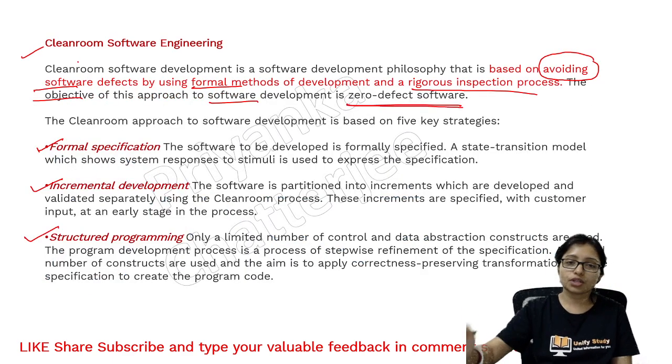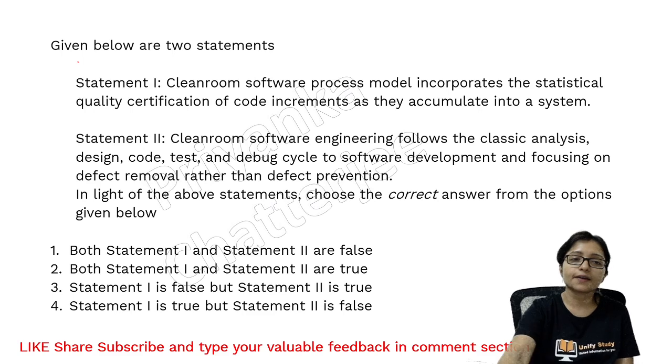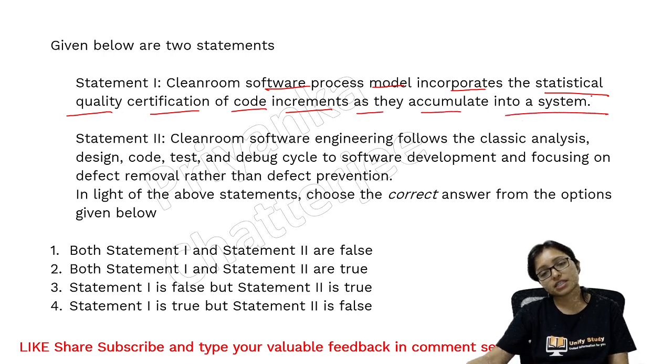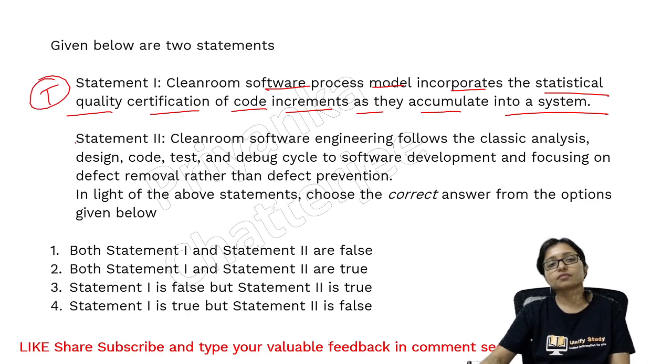Now, if you come to the question, it will be very clear to you. Statement 1: the clean room software process model incorporates the statistical quality certification of the code increments as they accumulate into the system. Yes, it is following the incremental approach, so it is true.